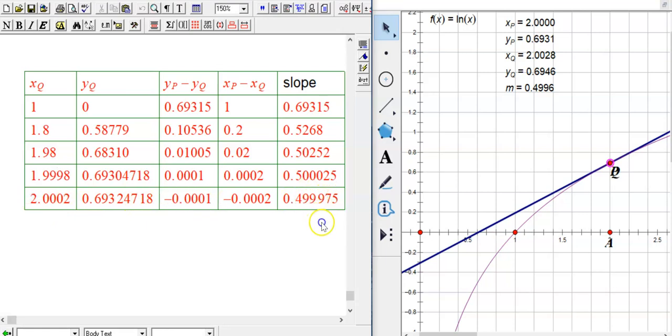So our guess might be that the slope of the tangent line is perhaps 1/2. That's maybe too optimistic, maybe too bold. Turns out, though, that it's absolutely true.